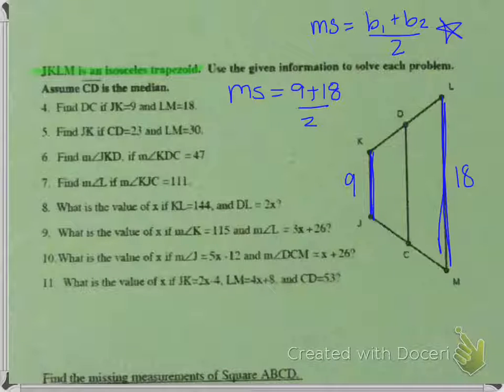Okay, and that's going to give us the mid-segment, which is this green line DC that I'm trying to find. So 9 plus 18, that's giving me 27. And 27 divided by 2 ends up giving me a decimal. Okay, and the decimal there would be 13.5. Okay, so this answer here is 13.5.